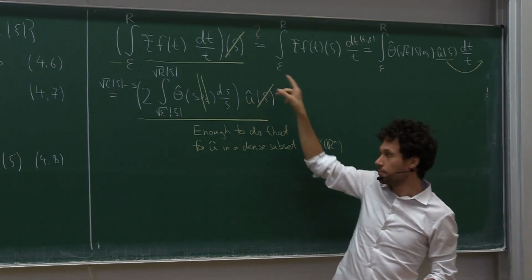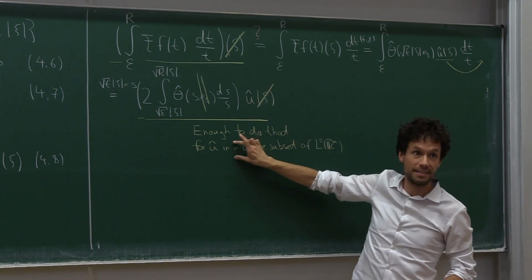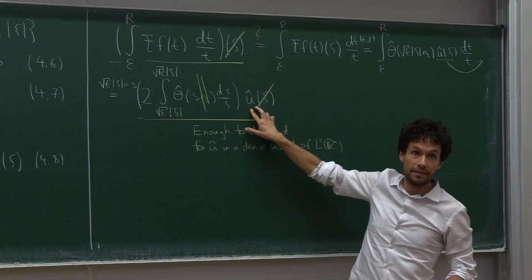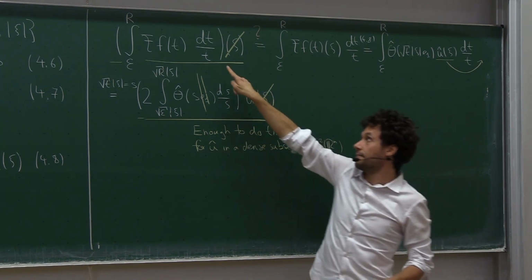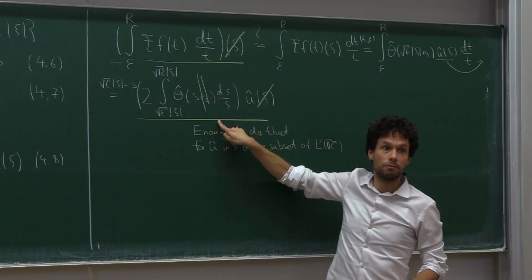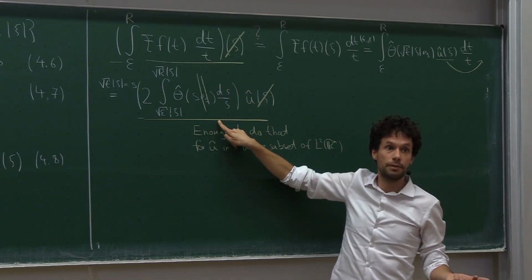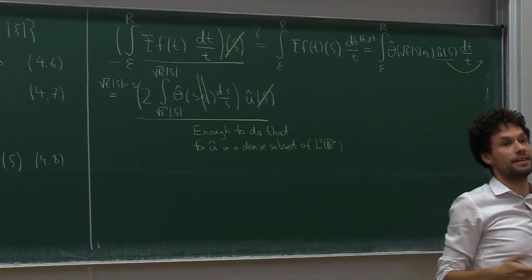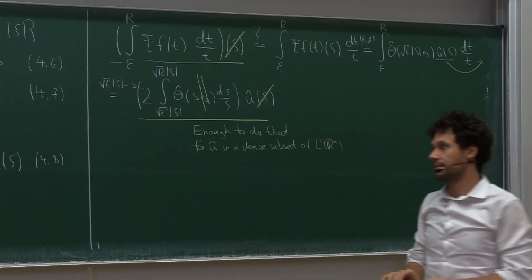But if I manage to make the calculation work for a dense subspace of L2 for these Fourier transforms, then I get the end result for every u in L2 without being sure that the intermediate steps also work for these other guys. That's the thing.